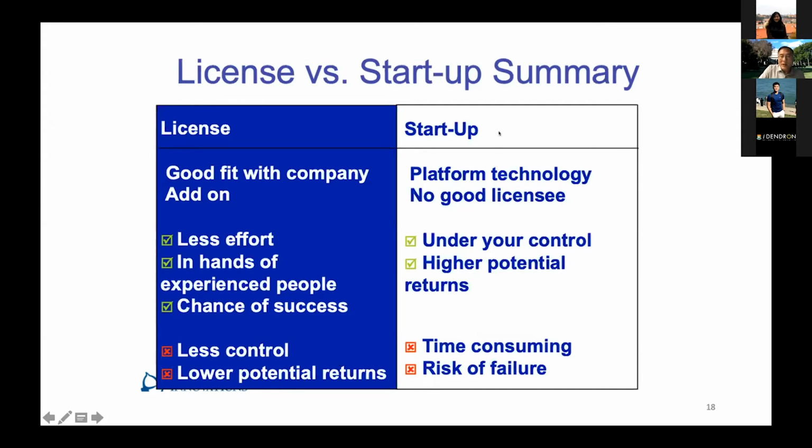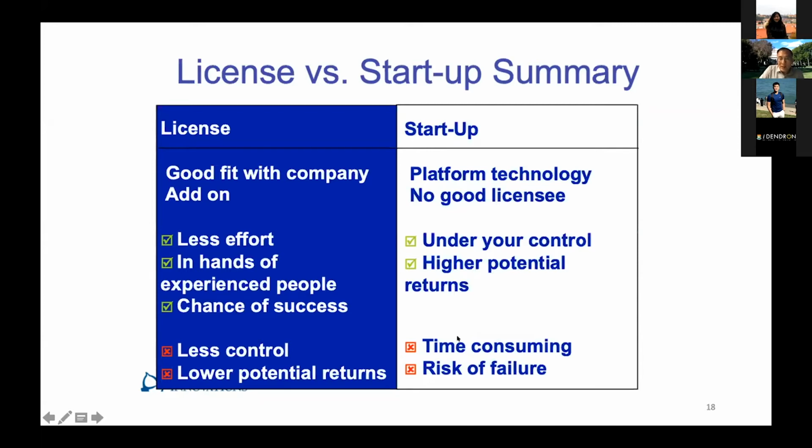And for a startup company, the pros, or good points: it's a platform technology, and there's no good licensee. At that time, if there's no good licensee, then the startup will be preferred. A good part is also that it's under your control, with potentially higher returns.